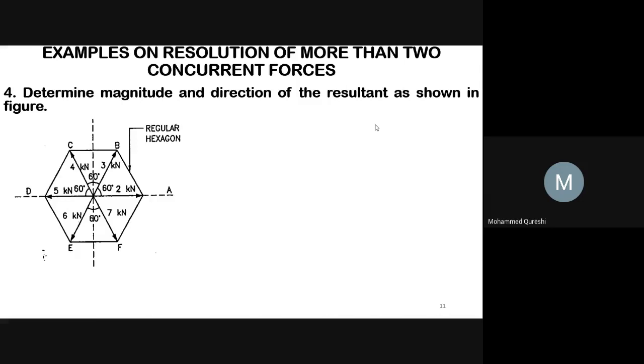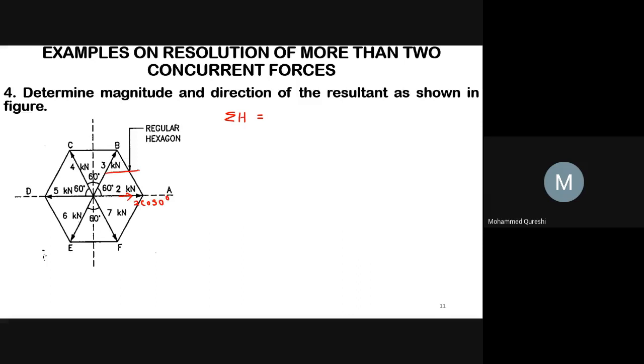So we will go for formula: capital R equals to under root of sigma h square plus sigma v square. But in that, sigma h and sigma v are unknown for us. So first of all, we will go with sigma h. Here sigma h equals to, first of all, we will locate all the horizontal components. This will be your 2 cos, making an angle with horizontal axis 0 degree.